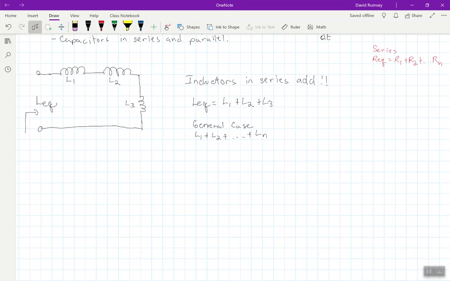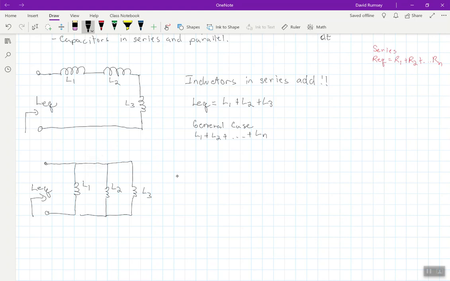Now, without too much convincing, you should have a sense of how inductors in parallel are going to behave. Because if inductors behave the same way as resistors as far as equivalent inductance in series, you can take a reasonable guess, and you'd be correct, that in parallel the equivalent inductance follows the same formula that resistors use in parallel.